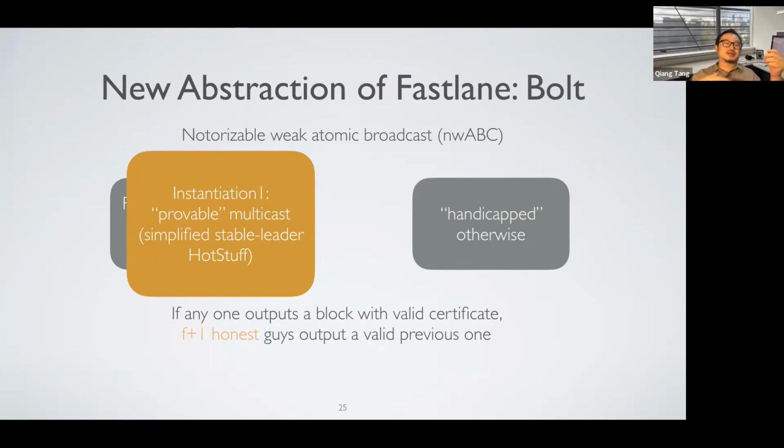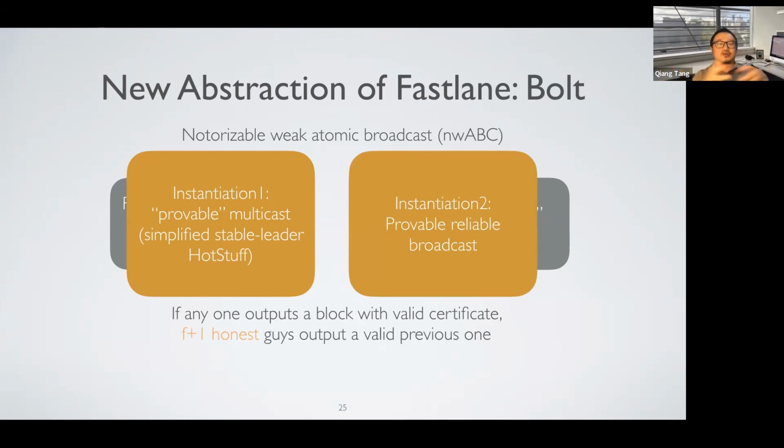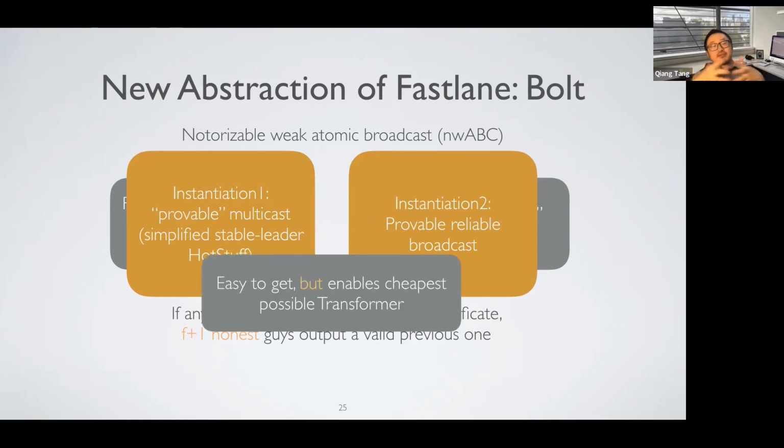Super simple. Just continuously multicast, collect proof, multicast, collect proof. That's it. The simplest possible protocol. Similarly, we can also have another version, provable reliable broadcast, just for different trade-offs. But again, this seemingly minimal property, if we analyze it carefully, can actually enable the cheapest possible transformer, or again, the cheapest possible asynchronous pace synchronization.